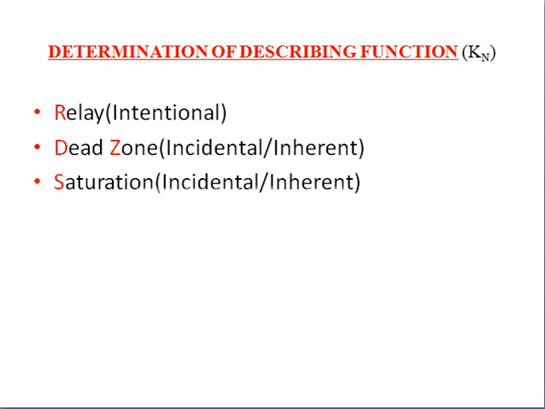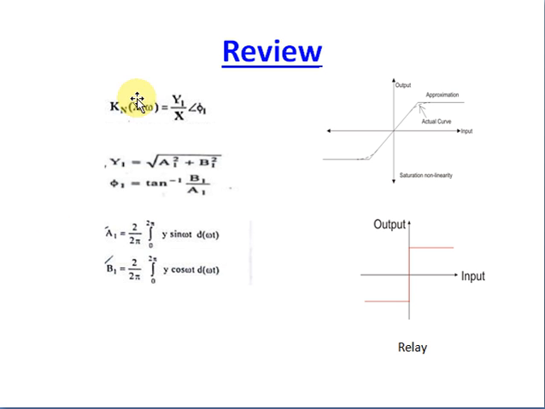saturation. Before going to derive the describing function, just a review. The describing function Kn of x, omega equals y1 by x angle phi 1, where y1 equals root of a1 square plus b1 square and phi 1 equals tan inverse b1 by a1.